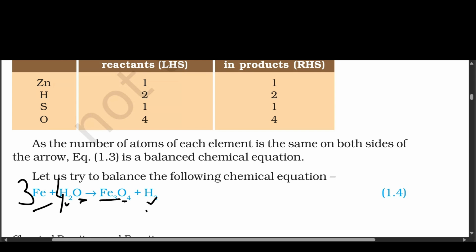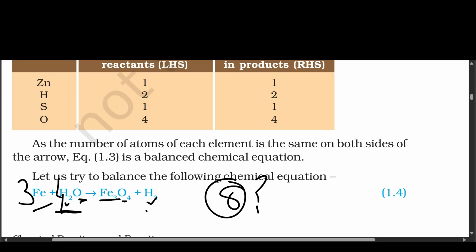But if you write 4 in front of water, what will happen? Hydrogen, which was originally 2 in number, would become 8. How come it has become 8? Because the number which is written in front of an element or a compound or a molecule, with that number you have to multiply each and every atom.